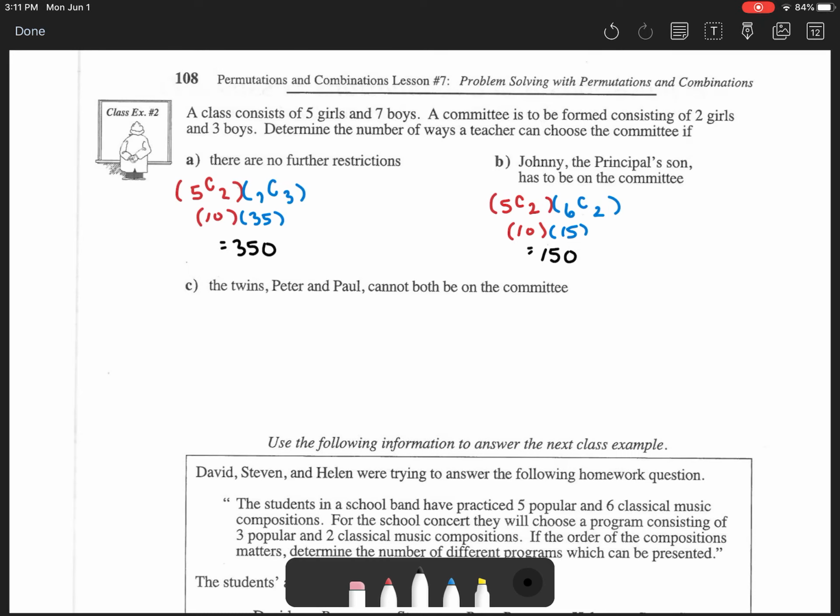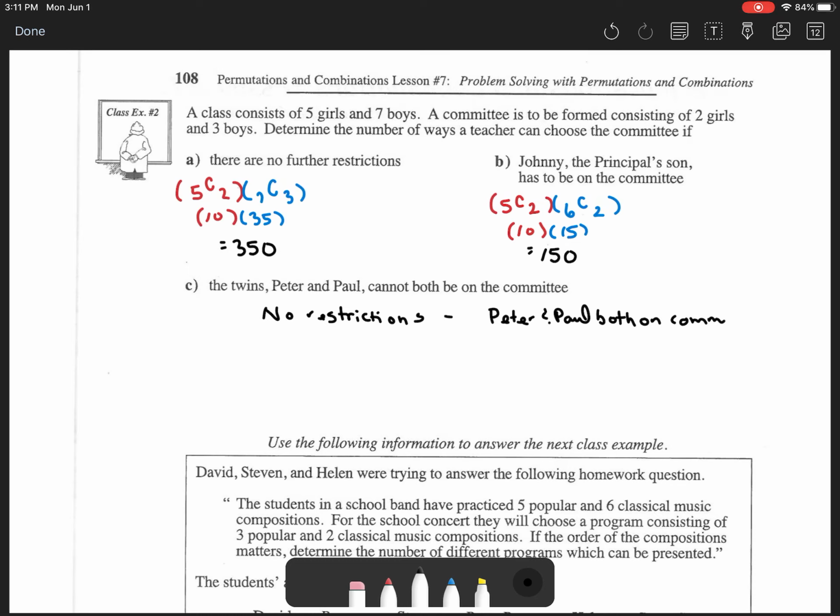So this is going to be no restrictions, that's everything, minus the opposite of what I'm looking for. They're saying Peter and Paul cannot both be on the committee, so the opposite is Peter and Paul both on the committee.